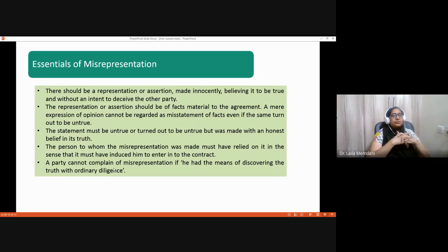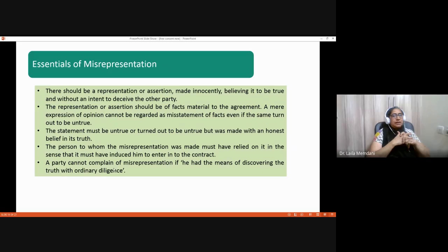Mr. A was selling his sugar factory to Mr. B. Now, Mr. A says that the annual turnover of the factory is 500 tons. Mr. B is examining the books of accounts, in which it is clear that the annual turnover never exceeded 300 tons.